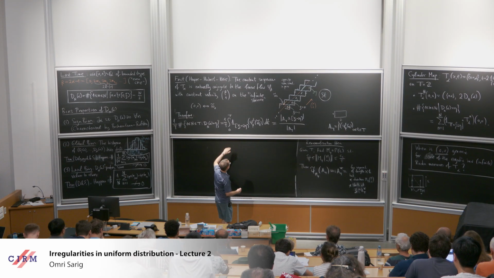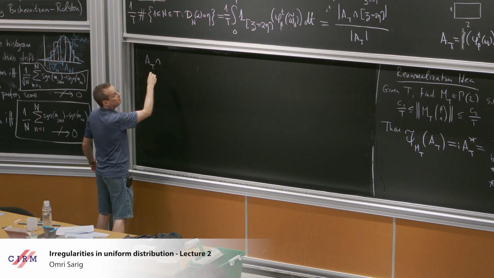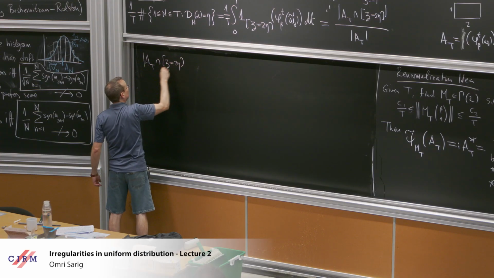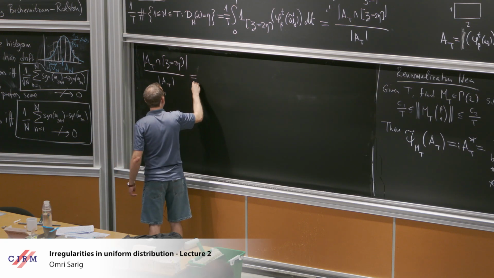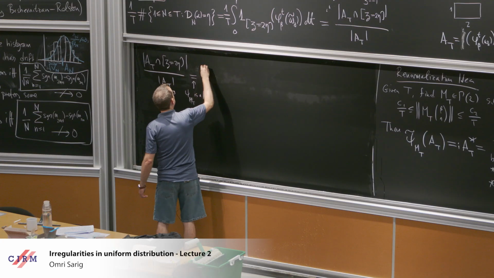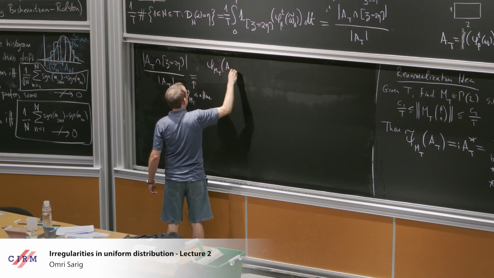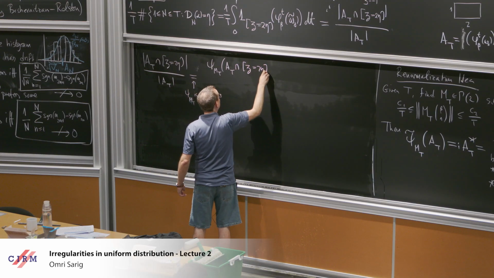So if I look at this expression, let's copy it here. Because psi t is affine, psi mt is affine, this is equal to the ratio of the length of the image.